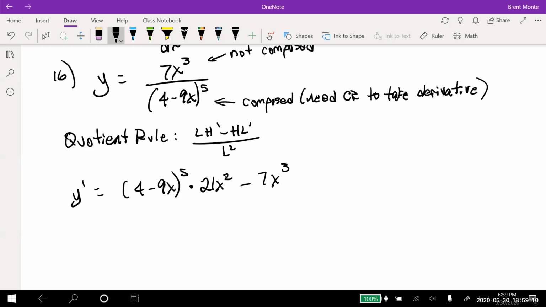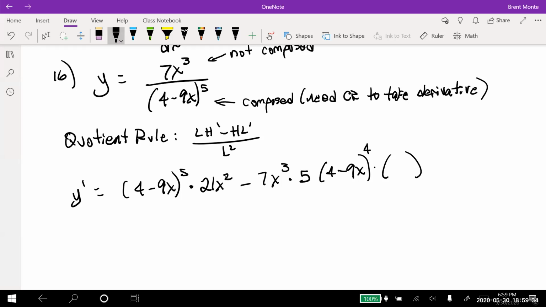Now, on the bottom, when I take the derivative, I have to bring that 5 down. It's going to go 5 times 4 minus 9x to the 4th power, but then times the derivative of the inside, the -9.